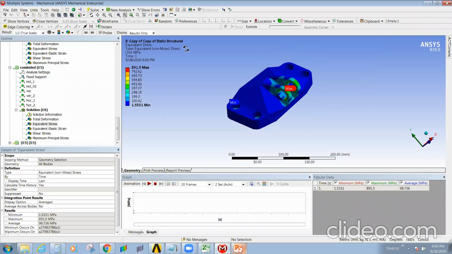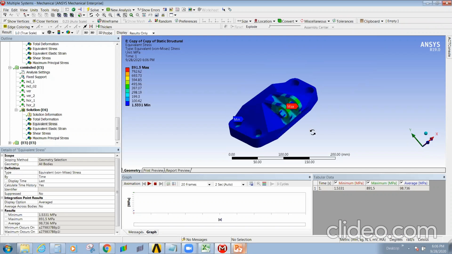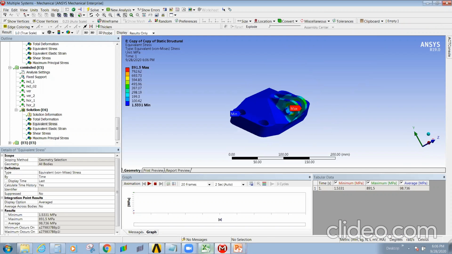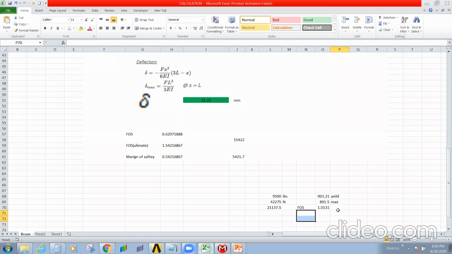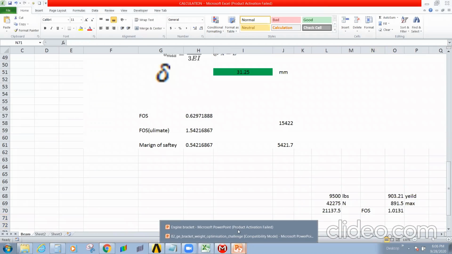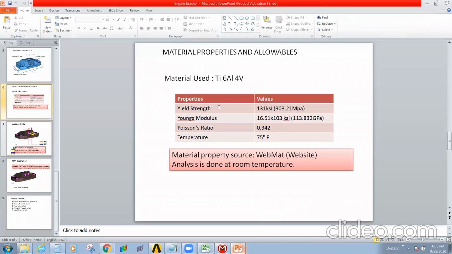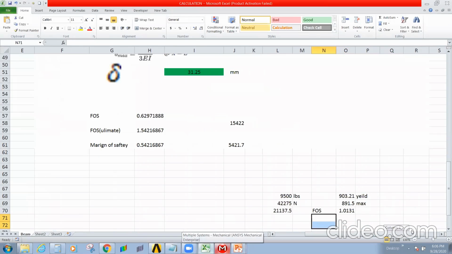Okay. And if you want, can you repeat the factor of safety calculation? Yeah, see, for the factor of safety, you can see the yield strength is 903.21 MPa. Okay, that is what I have taken here.